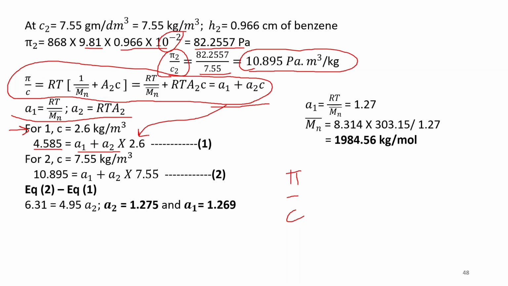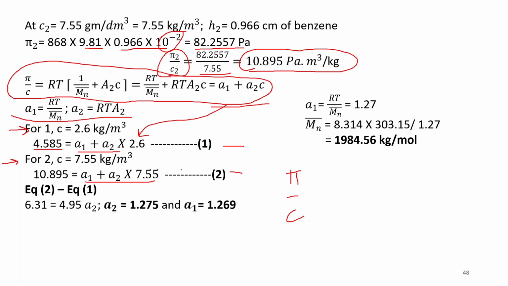So we get equation 1. Then for the second concentration, which is 7.55, pi 2 by C2, which is 10.895, is equal to A1 plus A2 into C2, which is 7.55. So we get equation 1 and equation 2.